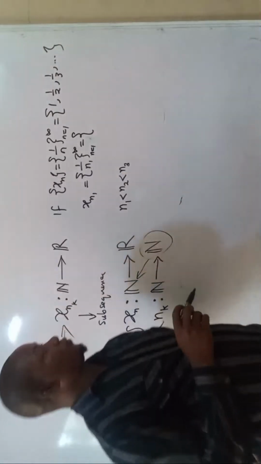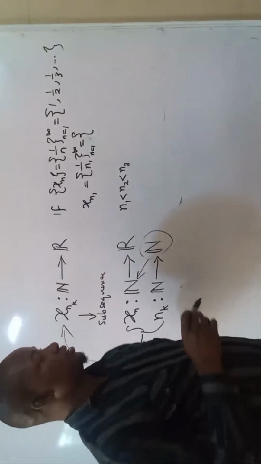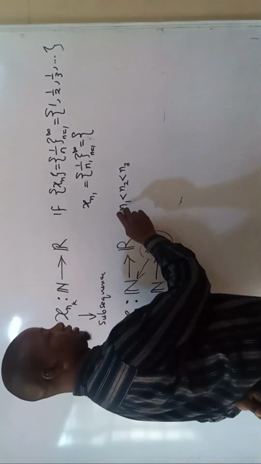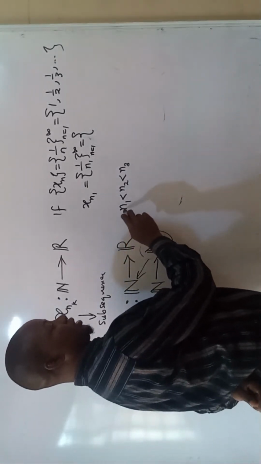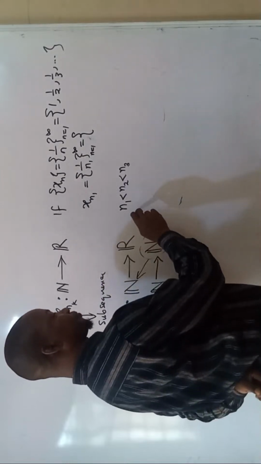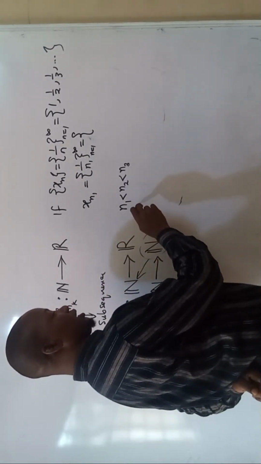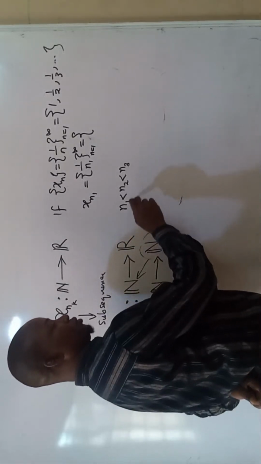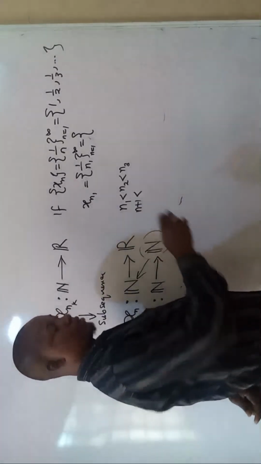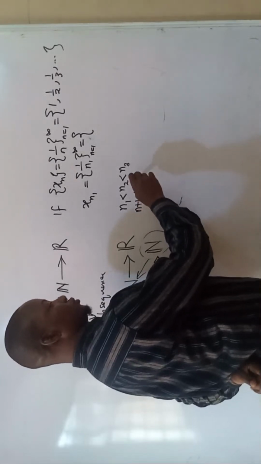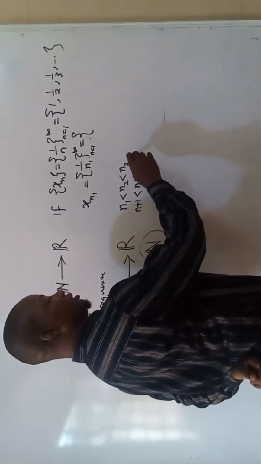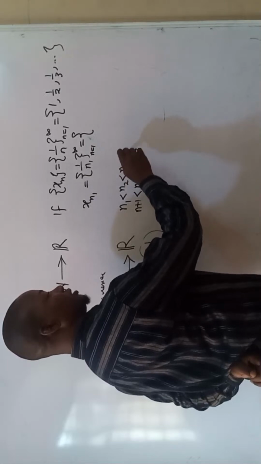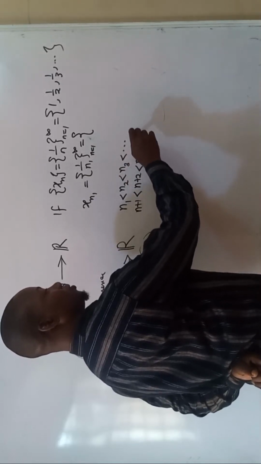So for the sake of this, if we make n_1 to be n plus 1, for example, we can make n_2 to be n plus 2, and n_3 to be n plus 3, and this goes on.